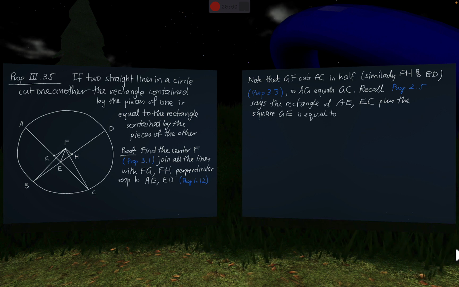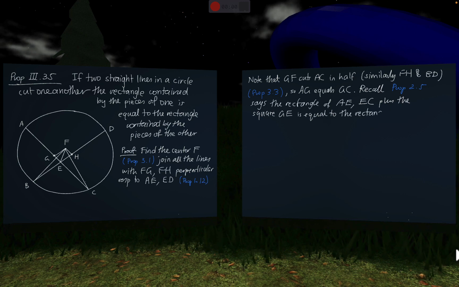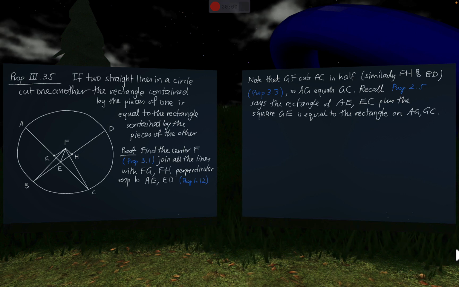So it's equal to AG, I'm going to just say times. I struggle with this historical style, but I kind of like it at the same time. Is equal to the rectangle on AG GC, which is the square on GC.